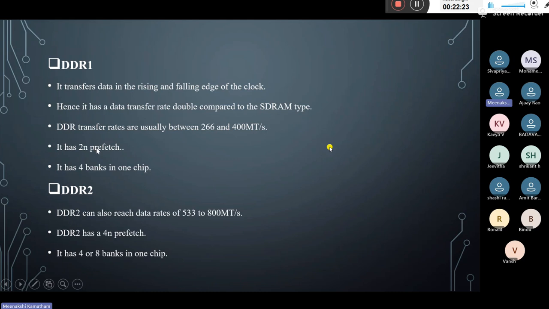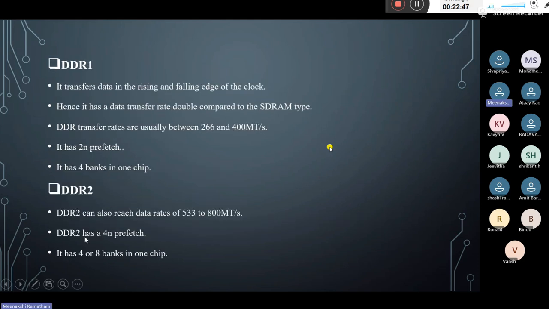It comes under 2N prefetch architecture. I will explain prefetch architecture in depth later. DDR mainly works with chip selection, rank selection, banks, bank groups, row address selection and column selection. We will go into the internal architecture later.